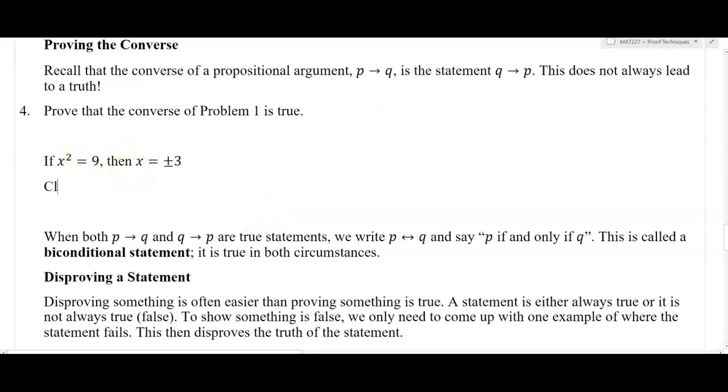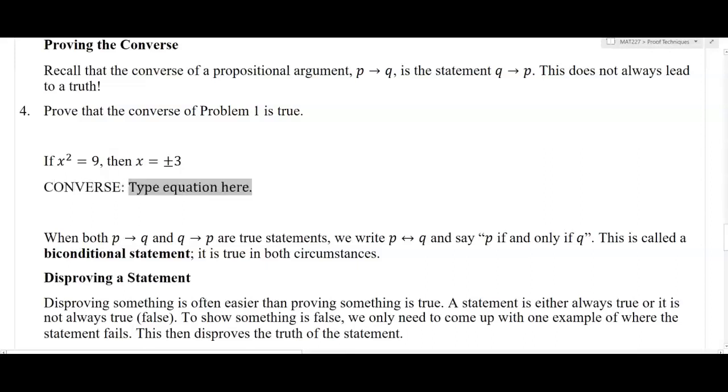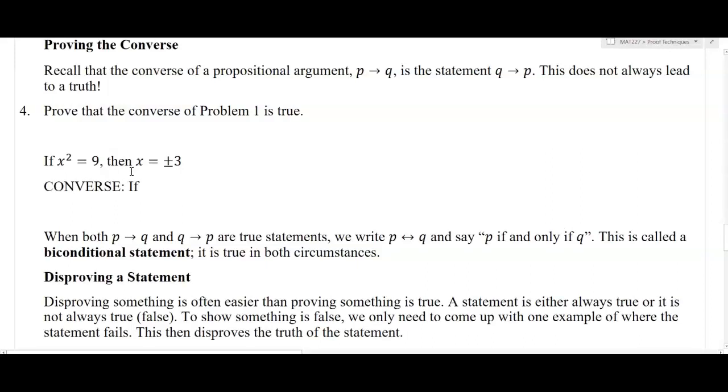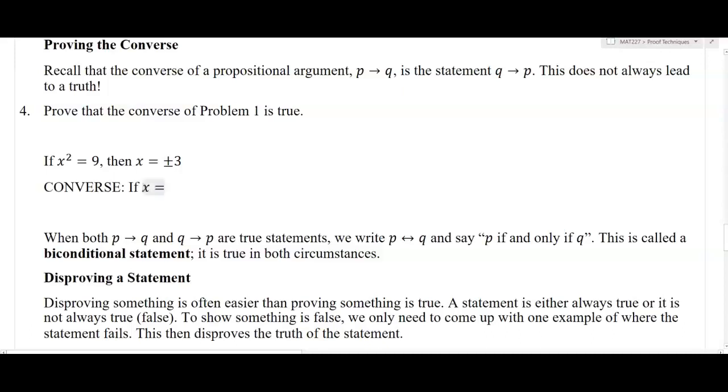So the converse switches the conclusion and the premise, and that would be if x equals plus or minus 3. And let me write it out like this. If x equals 3 or x equals minus 3, because that's what plus or minus means, then x squared equals 9.